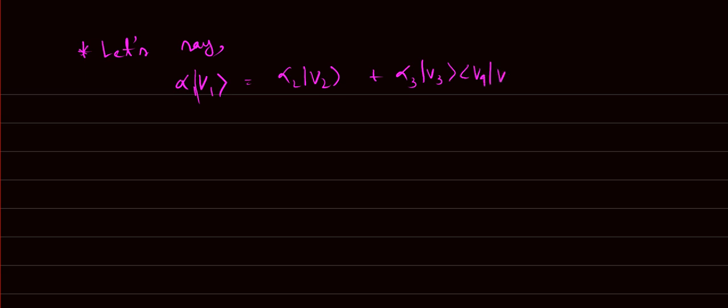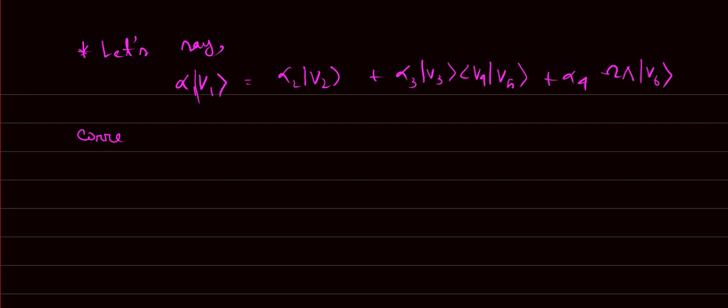Let's conclude with this. Let's say we have a ket given by a linear combination of some other kets in this form. So what will be the corresponding bra?